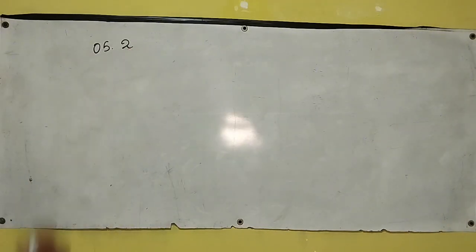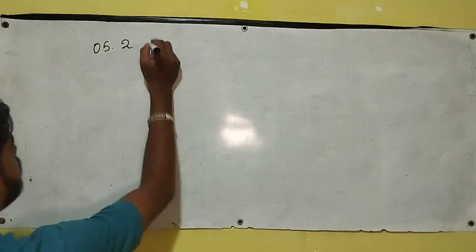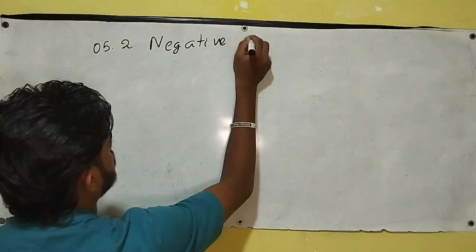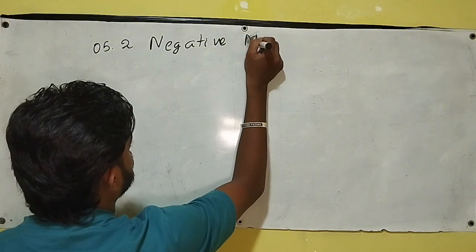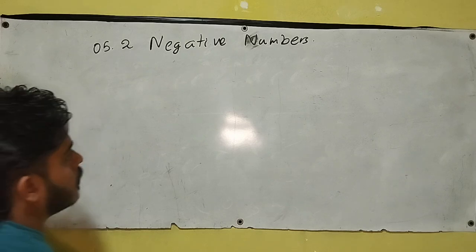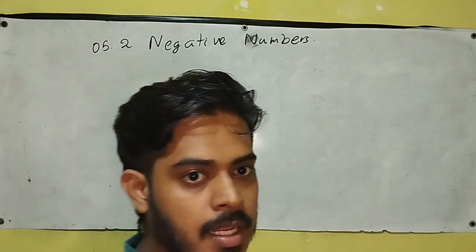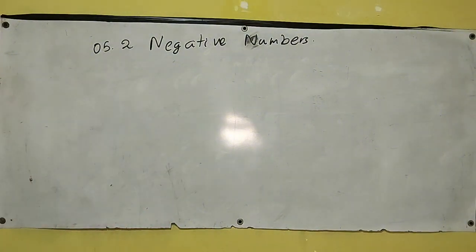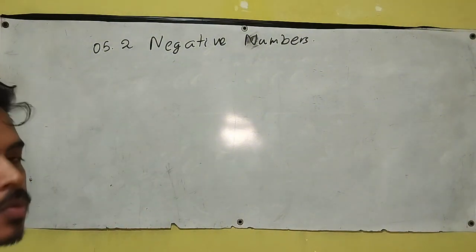5.2. Negative numbers on the number line. Okay, here how to mark?